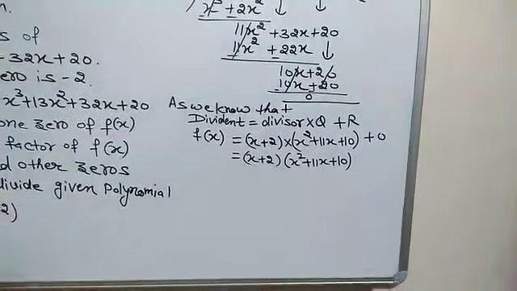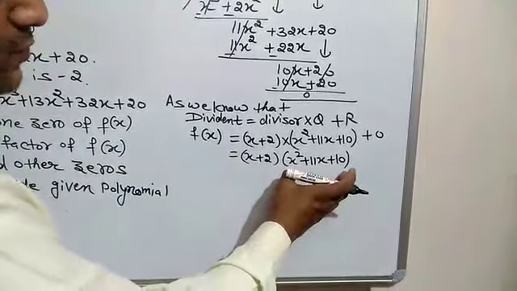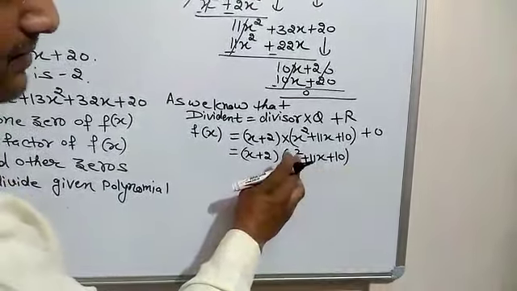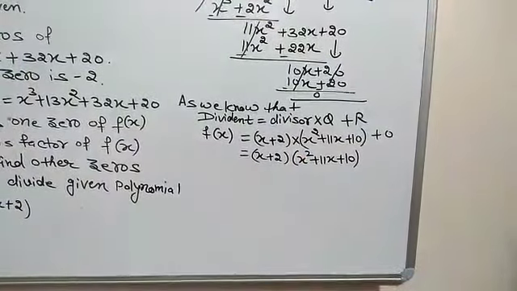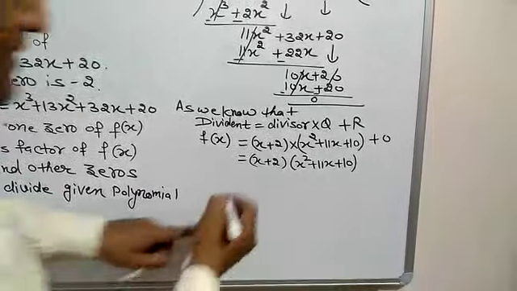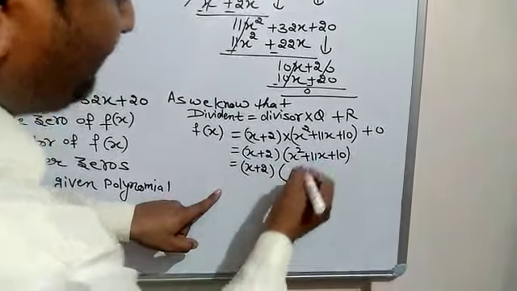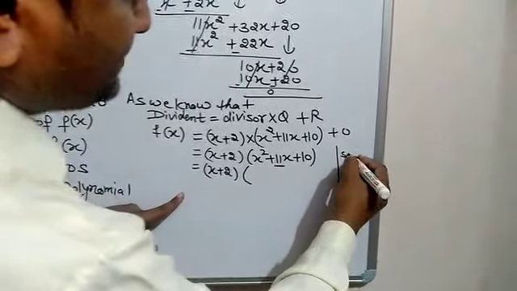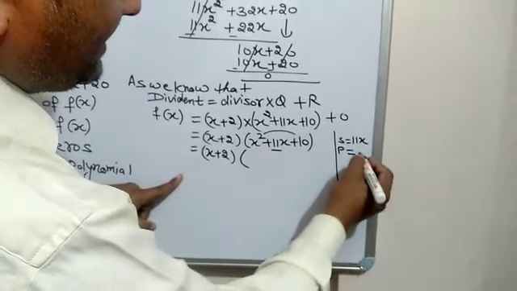So this one factor we already have, and this is a polynomial, but it is a quadratic polynomial because its degree is 2. And we very well know how to split a quadratic polynomial. We have to make the factors: the sum is 11x and the product is 10x square.